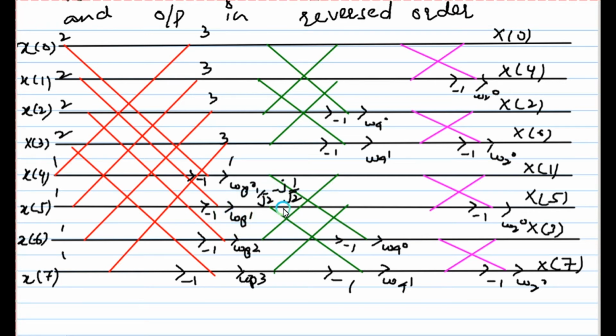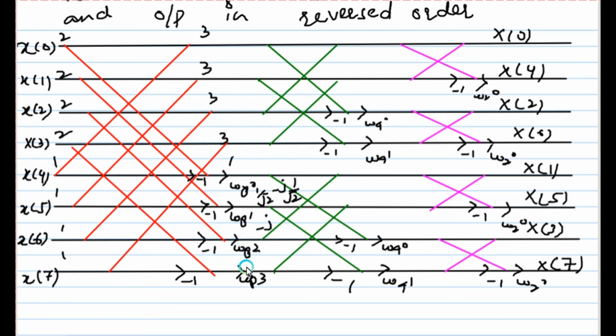So the answer is 1 by root 2 minus j 1 by root 2. Next is W8 2, which is minus j. 2 minus 1 is 1, so minus j into 1 is again minus j.